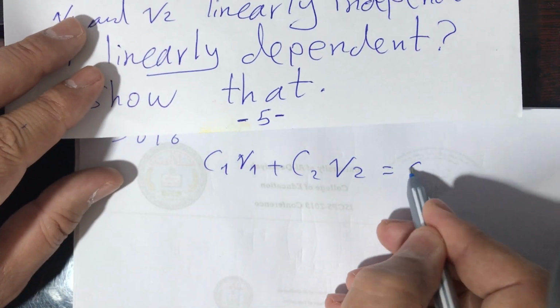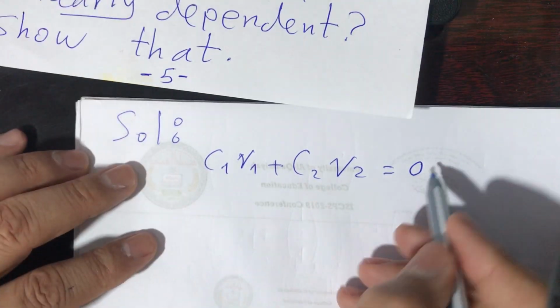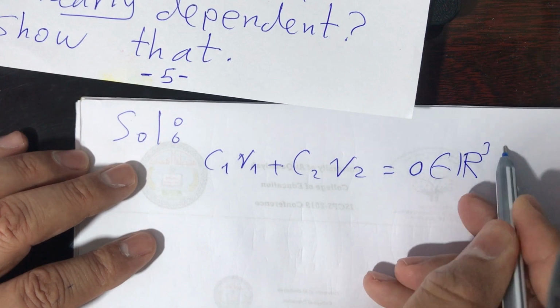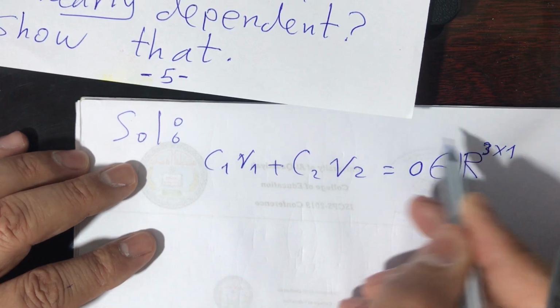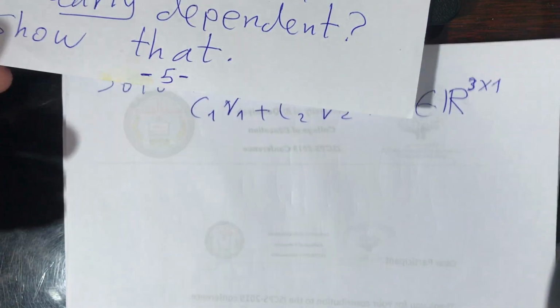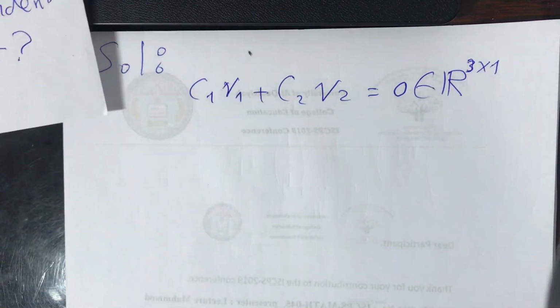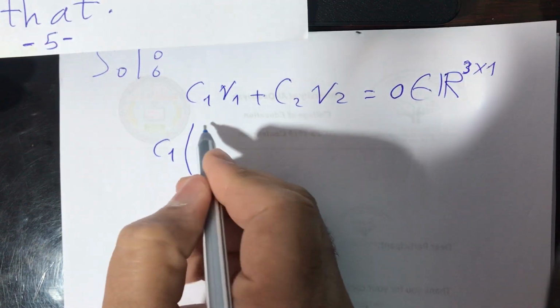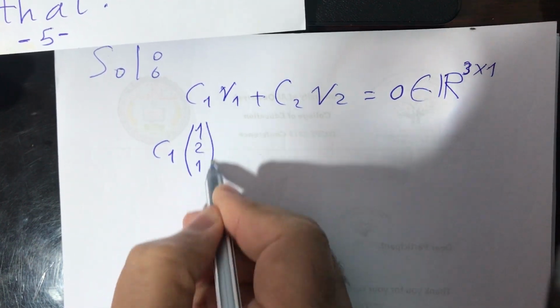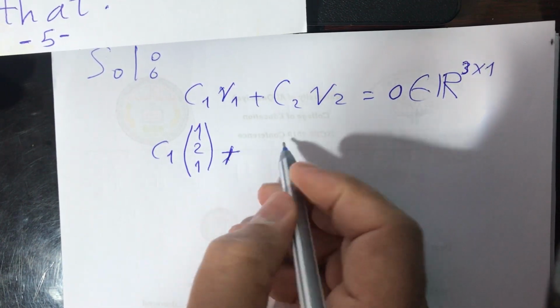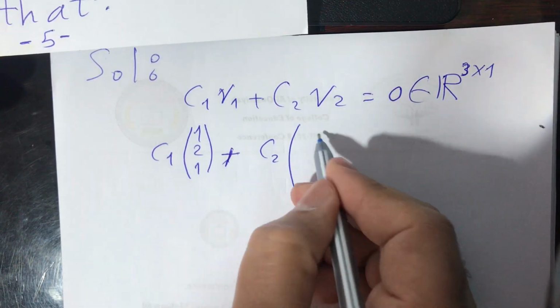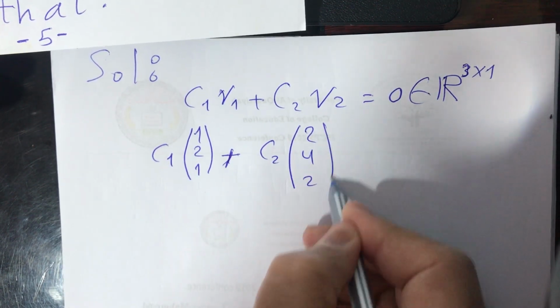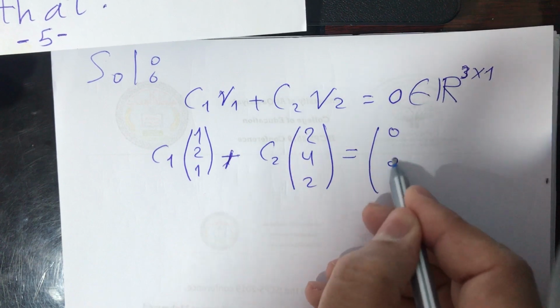And this is equal to 0. This is a linear combination, which belongs to R3 times 1, also the same. Now this C1 V1 equal 1, 2, 1 plus C2 V2 equal 2, 4, 2. This is equal to 0, 0, 0.